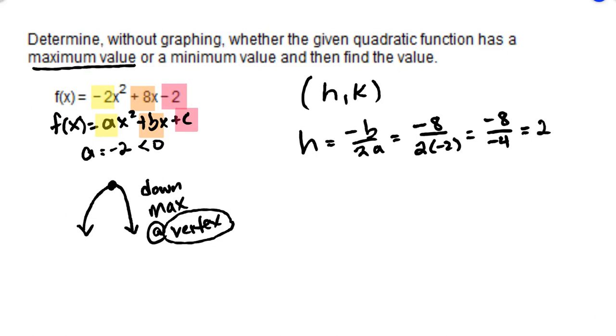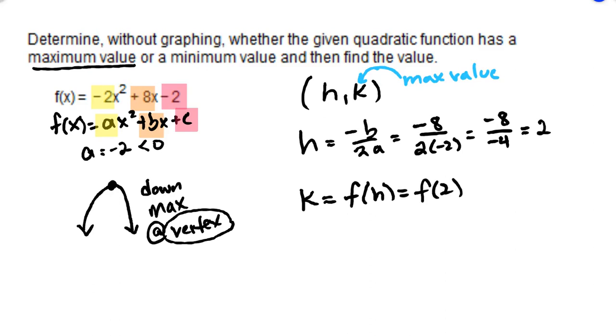Now the maximum value is actually the y-coordinate, so we need to calculate the y-coordinate of k, and we can get that y-coordinate by substituting h into our function. So we're going to substitute h being 2 into the function to get that maximum value.